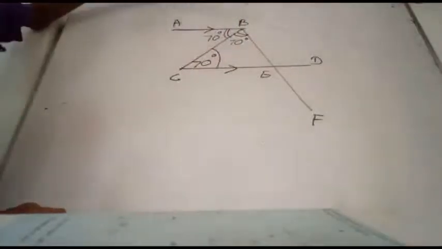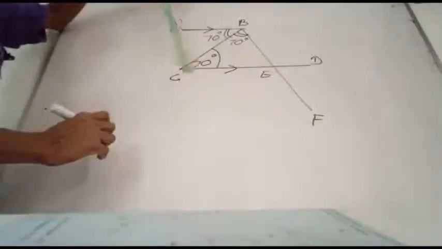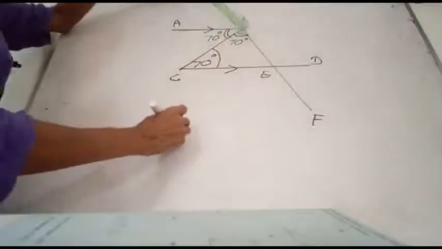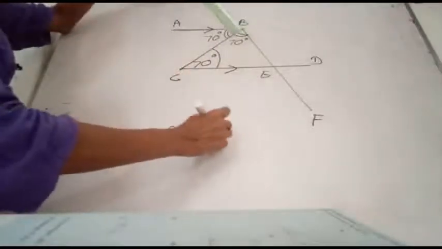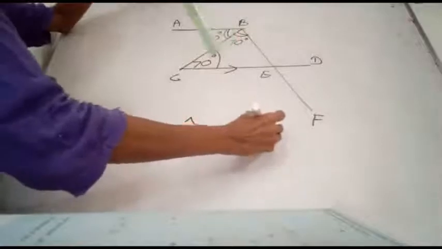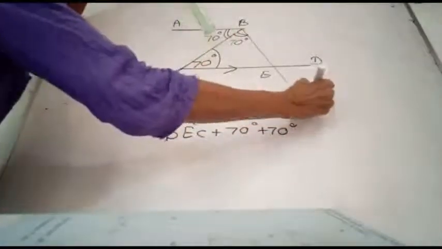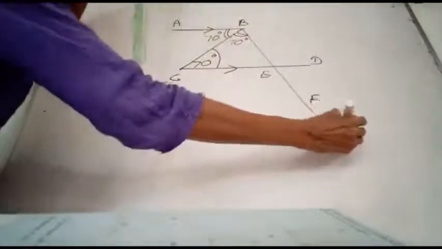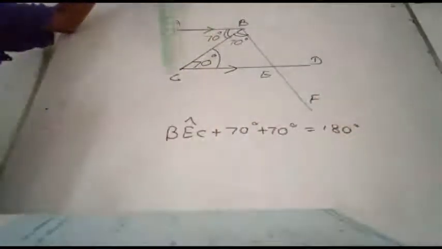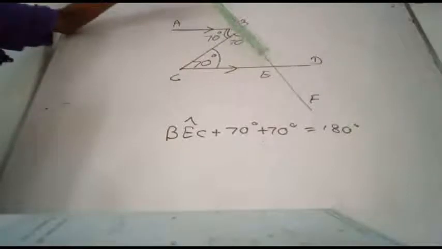Then, angle BEC plus 70 degrees plus 70 degrees is equal to 180, because BCE is a triangle.